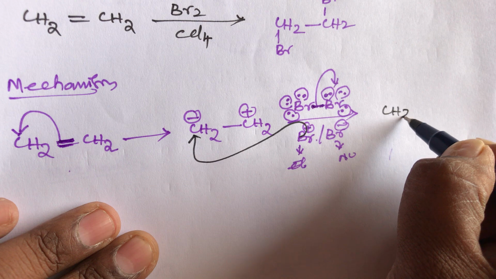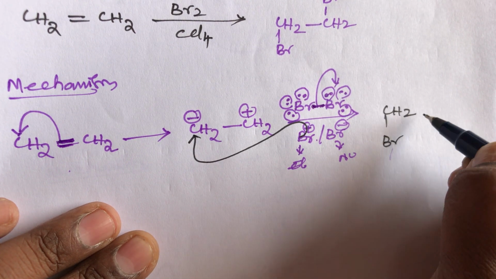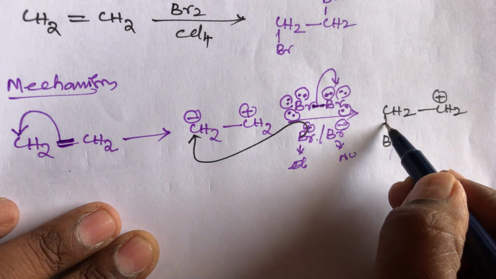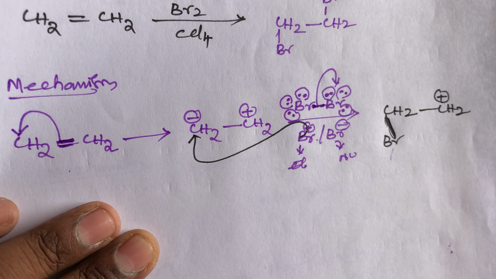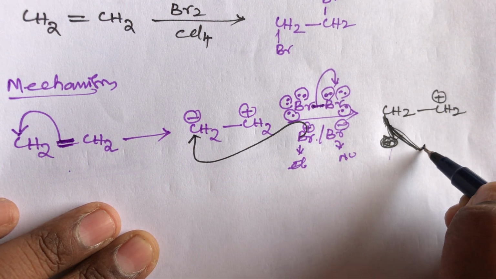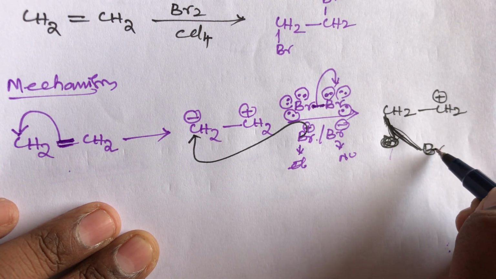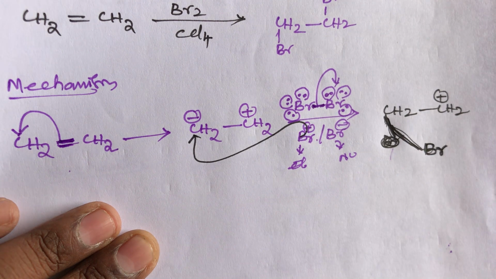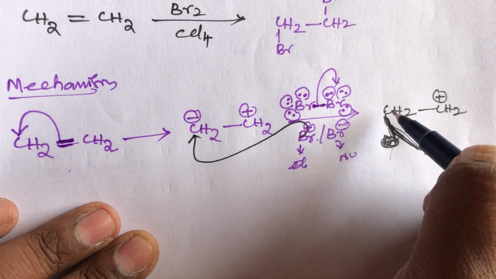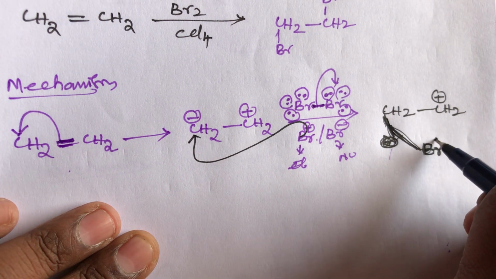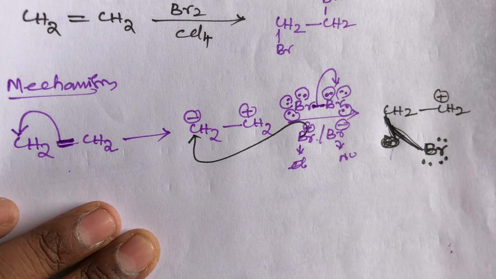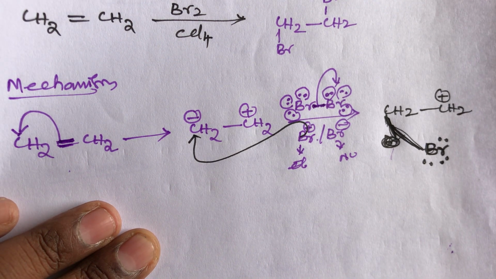We get CH2Br and CH2 plus. This Br plus attacks the negative charge side, and this Br has 3 lone pairs present.